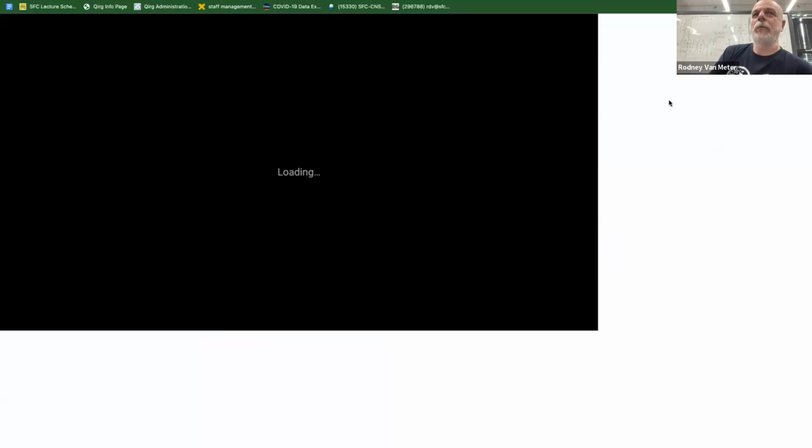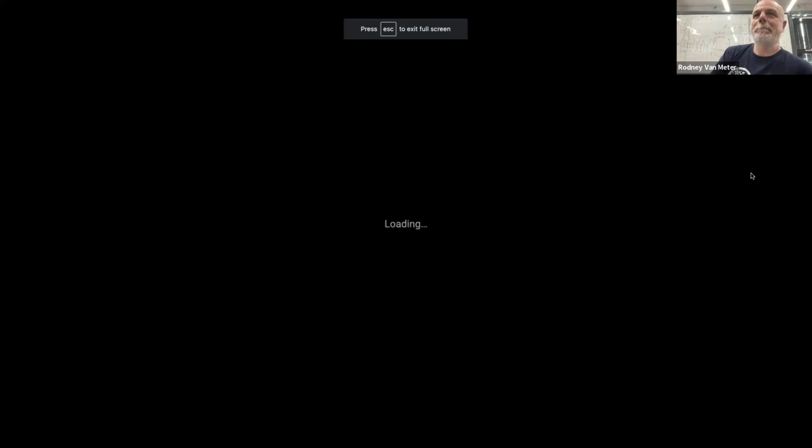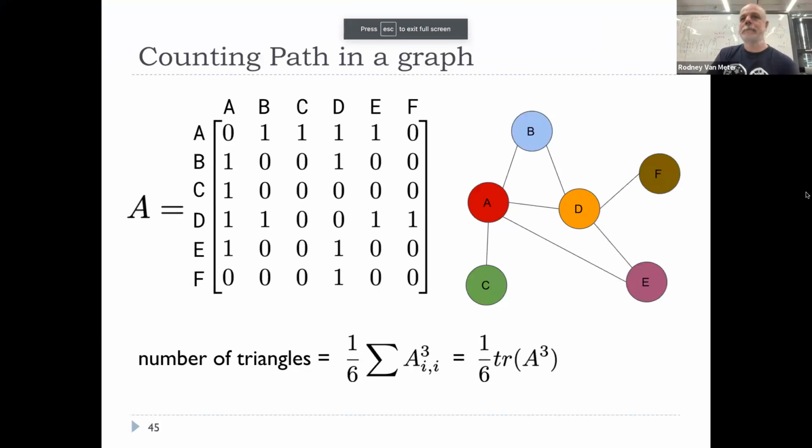So in this case, even though I don't have it written out here, the cube of A would end up with the trace of that being a total of 12, because we have 2 triangles in this, and divide by 6 and you get 2.